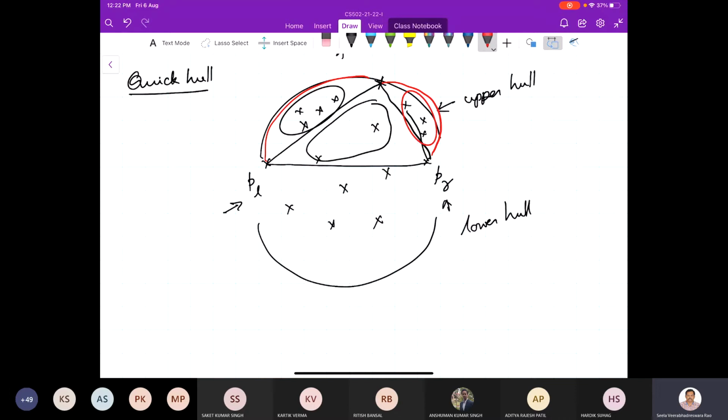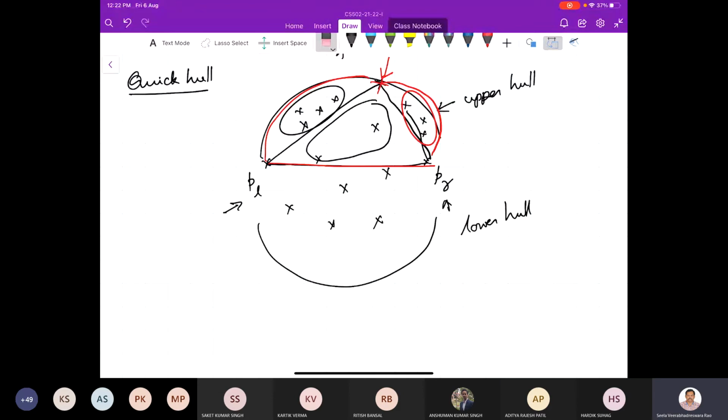Now the only question is how to find this particular point so that we can do this recursively. This point can be found in many different ways, but one way is you take the topmost point, not a topmost point actually, although in this diagram it looks like a topmost point. You take the point which is furthest from this line PLPR.